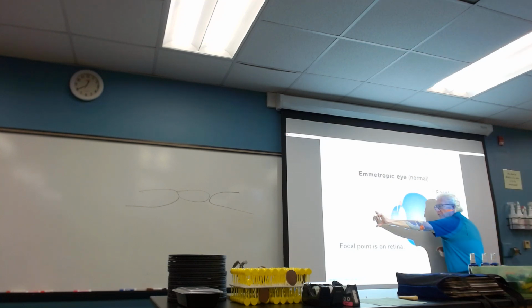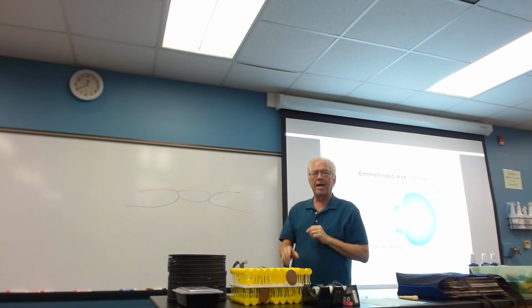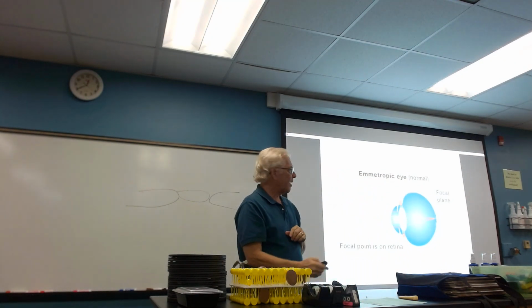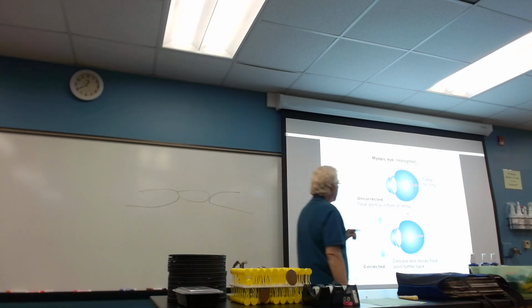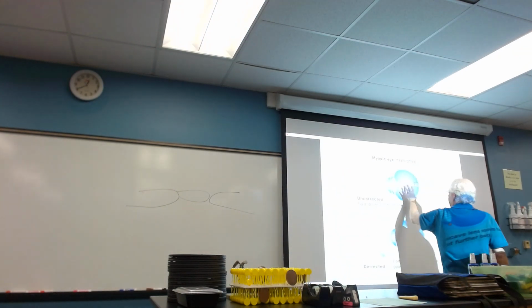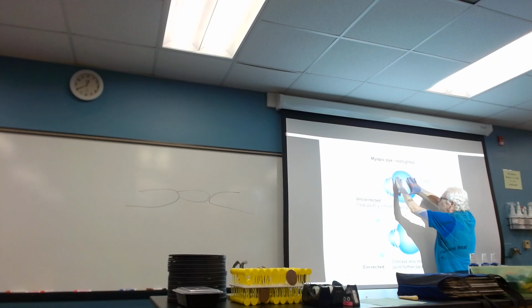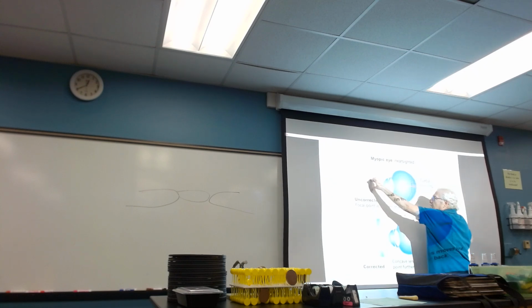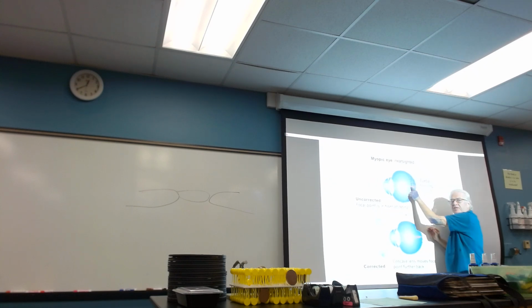Look, see how the light comes in, it gets bent, refracted, but where it comes to a point where it's in focus is directly on your retina, where it's supposed to be. That's why this person does not need glasses. Emmetropic eye. Now here, this is the myopic eye. This is my eye. My eye is too long because when the light comes in, the focus is here.